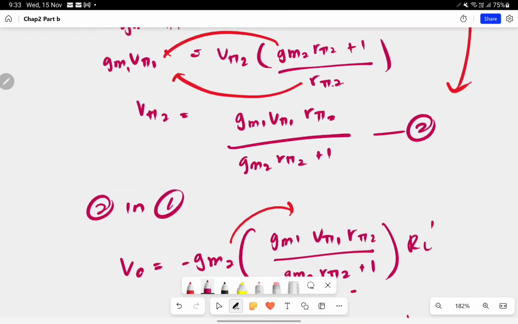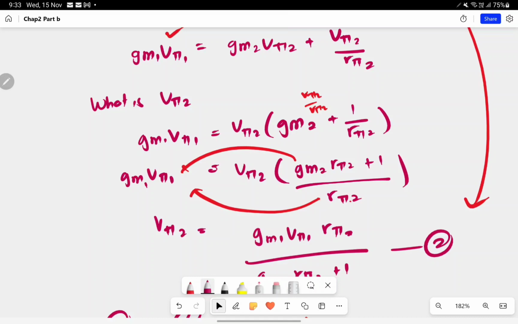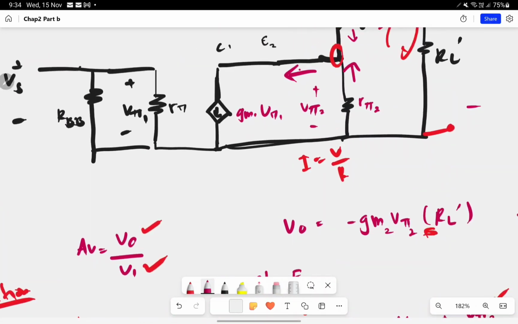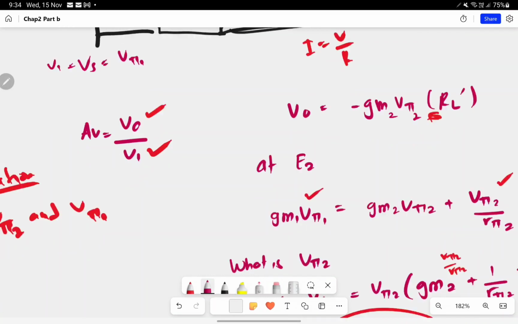Now we try to find the equation for the input voltage. Since Vs, our input voltage, is in parallel with Vπ1, and if the voltages are in parallel, it means that Vs, our voltage input, is equal to Vπ1.